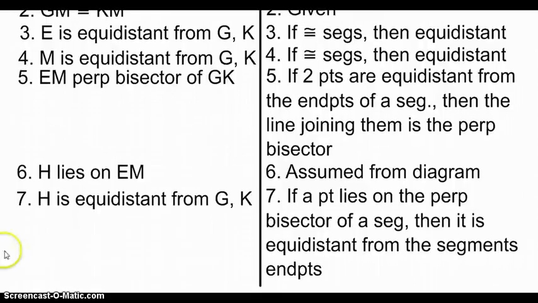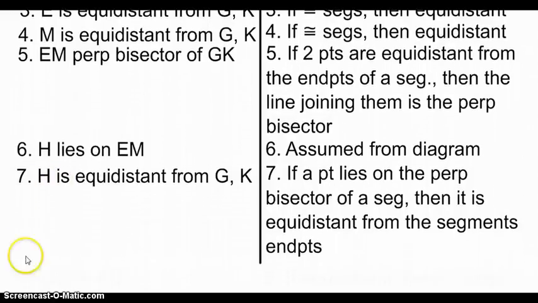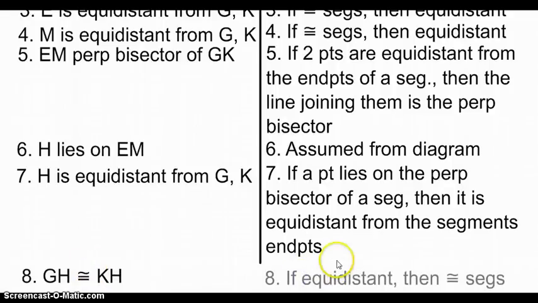If a point lies on the perpendicular bisector, which we showed in 6, then it is equidistant from the segment's endpoints. Which then leads us to GH is congruent to KH. If equidistant, then congruent segments.